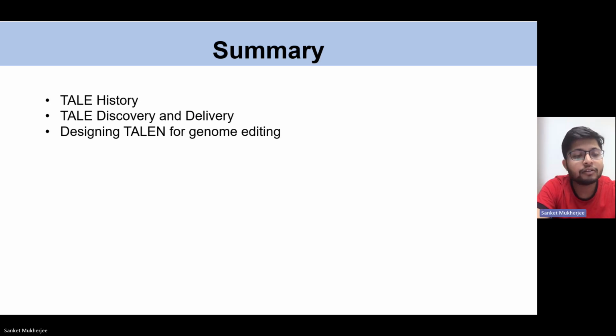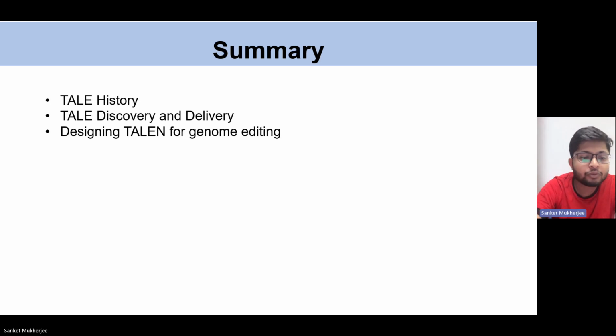These are very nice DNA binding domains. We'll then discuss a little bit about their discovery and the delivery methods. And then we'll talk about designing TALENs. So these are transcription activator-like effector nucleases for genome editing.